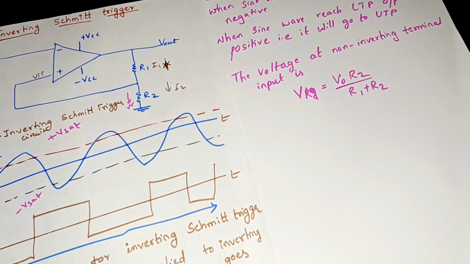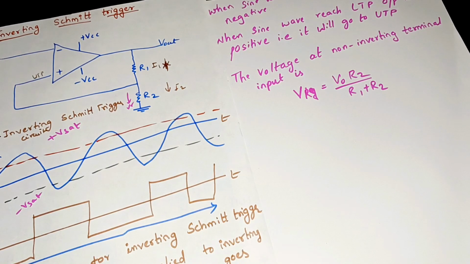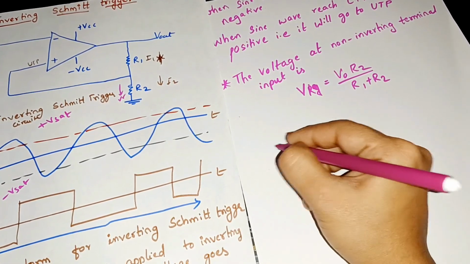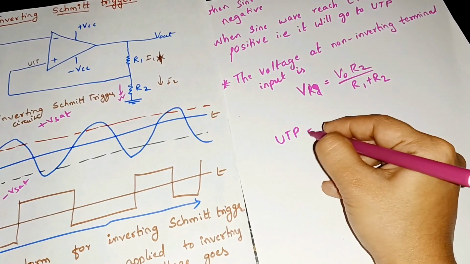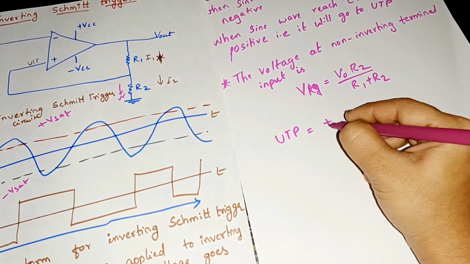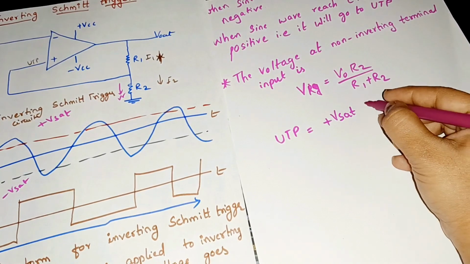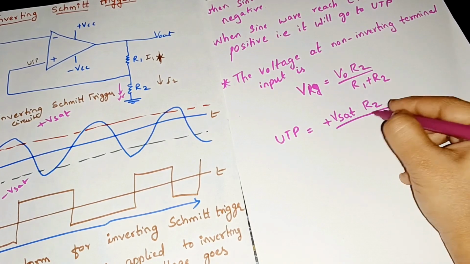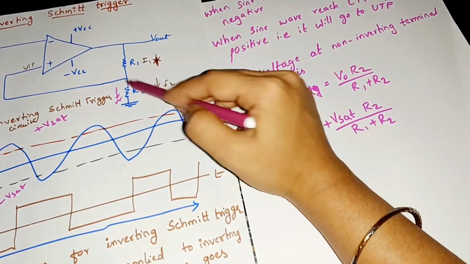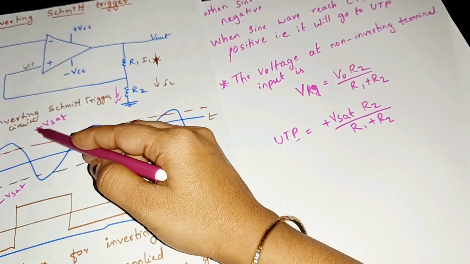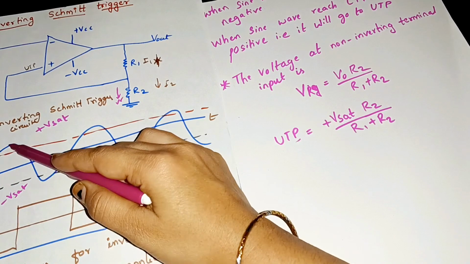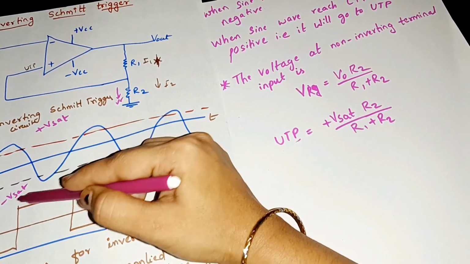Now when the output voltage is saturated, we calculate UTP. UTP is plus Vsat into R2 divided by R1 plus R2. This is calculated for the whole circuit, but UTP is only for the saturation level, whether it is plus saturation or negative saturation.